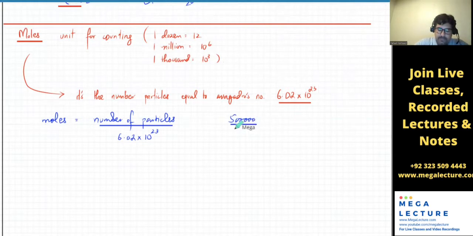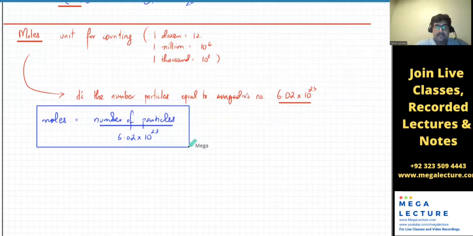I get 500, which would mean I've got 500 thousands. So conversion into any unit is just dividing by that unit, and that's your first formula. Any number can be converted into moles this way. We'll be counting atoms in moles: either 1 mole of a certain substance, or 2 moles or 3 moles.